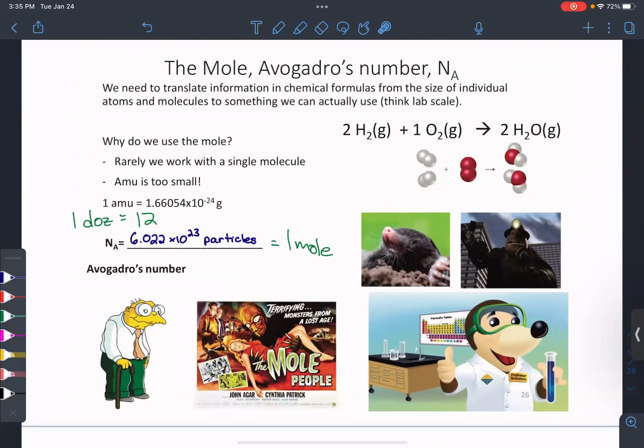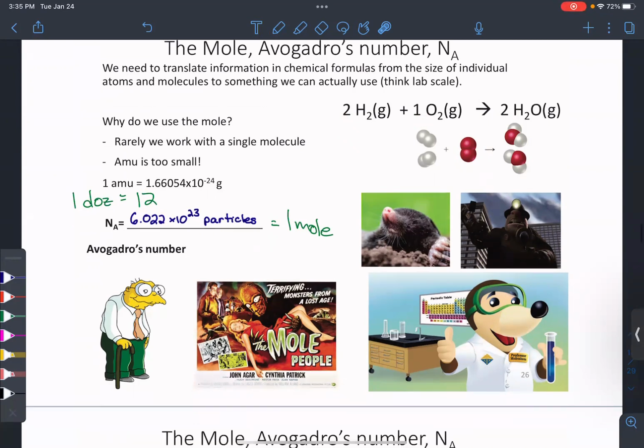In chemical reactions, we never count molecules. But the beauty here is I can say 2 molecules of H2 react with 1 molecule of O2 to give me 2 molecules of water. I can also talk about the same reaction in terms of moles: 2 moles of H2 react with 1 mole of oxygen to give me 2 moles of water.